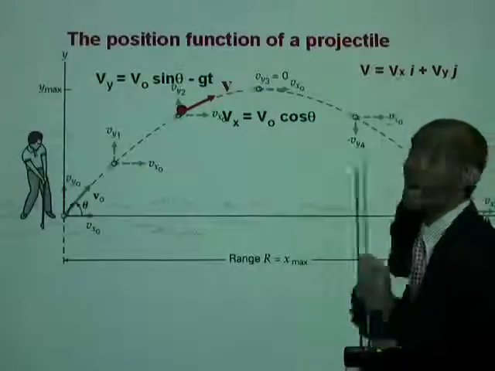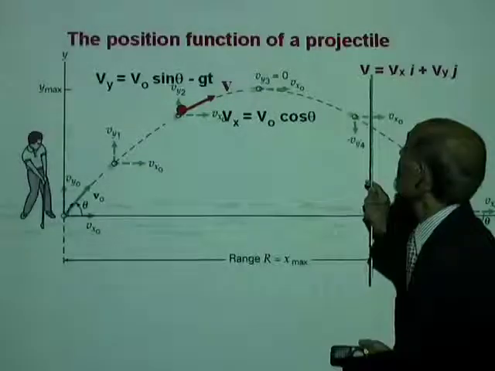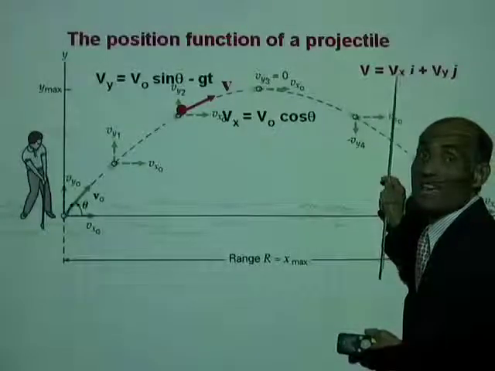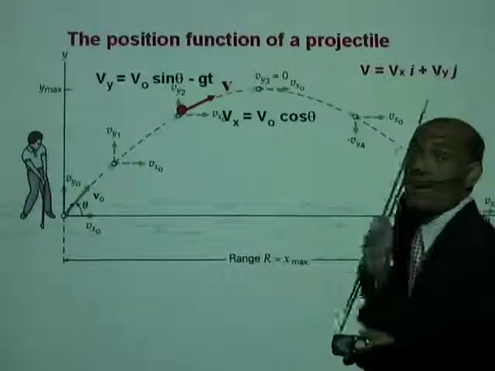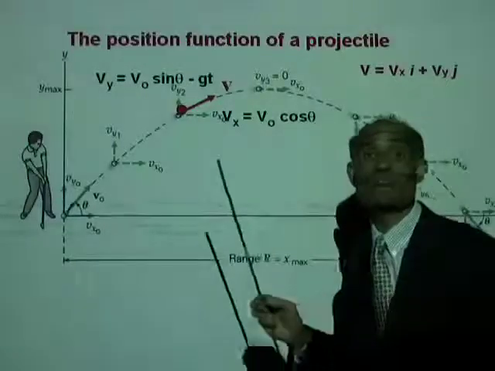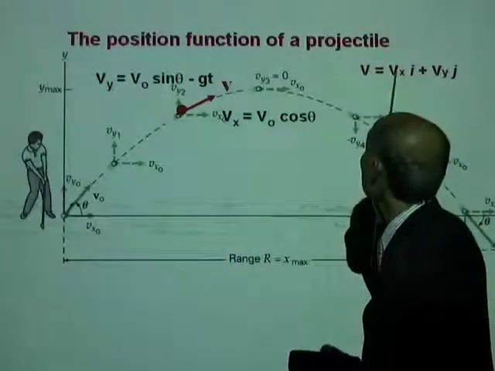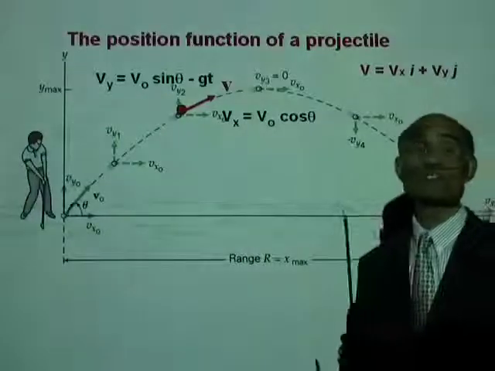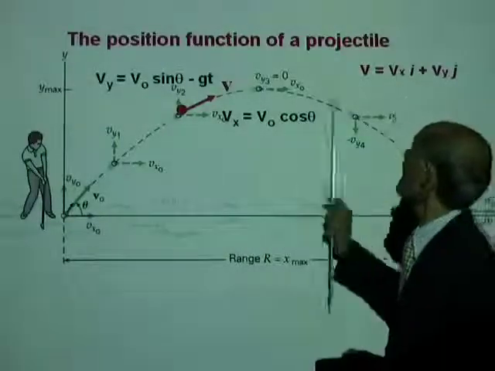So, at any instant, the projectile has a velocity along the x direction and a velocity along the y direction. So we can write V equal to Vxi plus Vyj. And what is Vx?